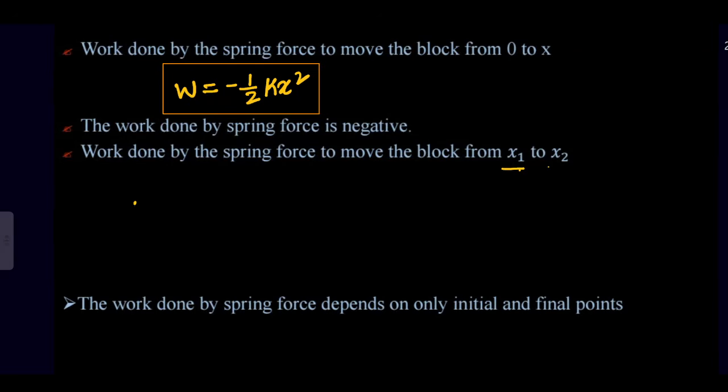Then the work done is 1 by 2 k x1 square minus 1 by 2 k x2 square, where x1 and x2 are the initial and final elongations.